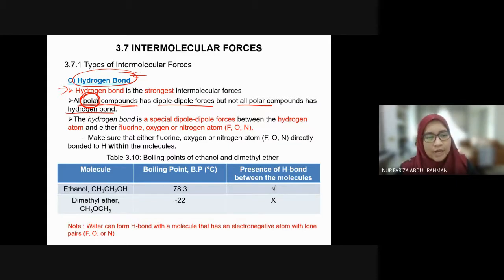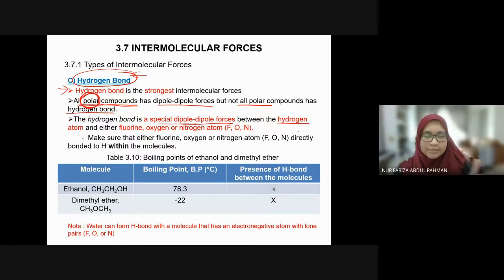Okay, alright. So the hydrogen bond, belum lagi. The hydrogen bond is a special dipole force. Dia punya konsep dia sama macam dipole forces just now. It's based on negative end dengan positive end. It's just that the positive end should come from hydrogen. Dipole forces just now, the positive end can be from any other atom other than hydrogen.